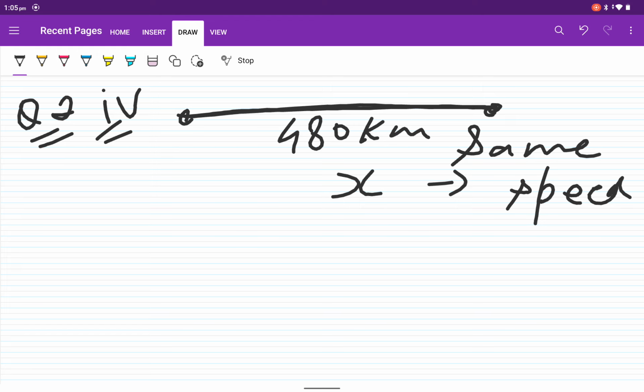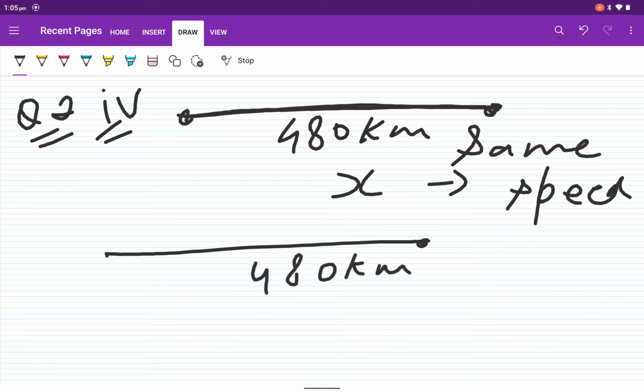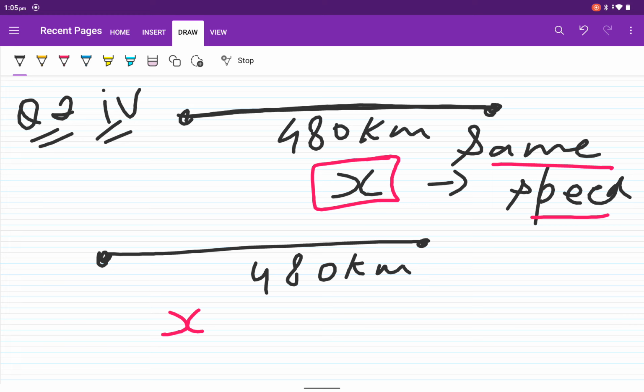And if I take another case, where the speed had been 8 km less than that, the distance is the same, 480 km, constant, but the speed is not constant, it is a variable. Suppose the same speed is x, but it is 8 km per hour less.